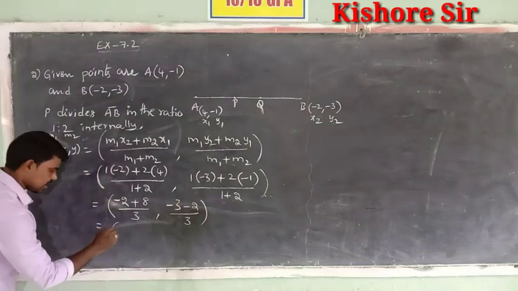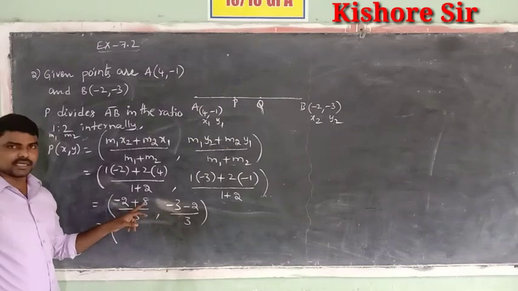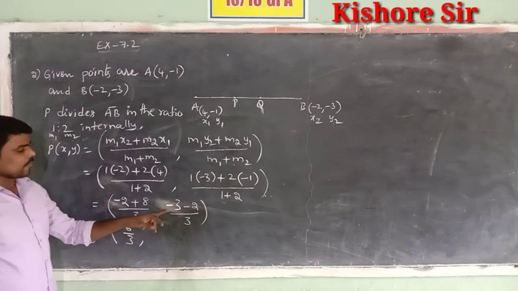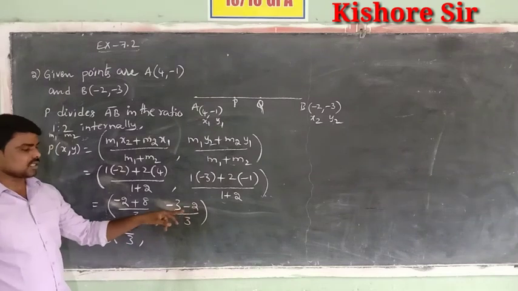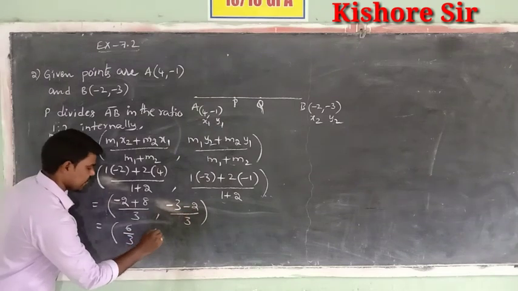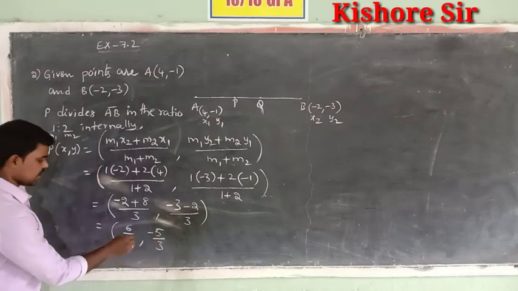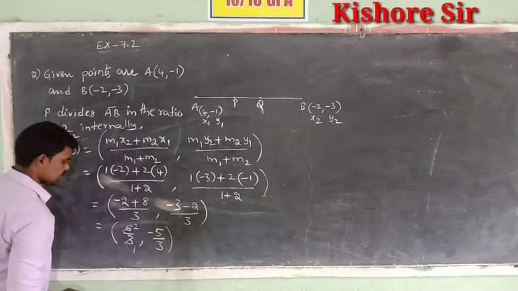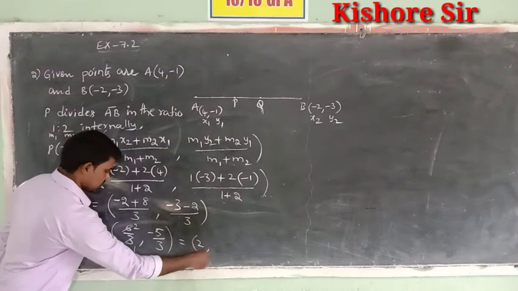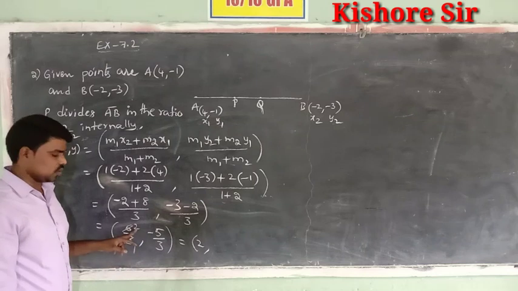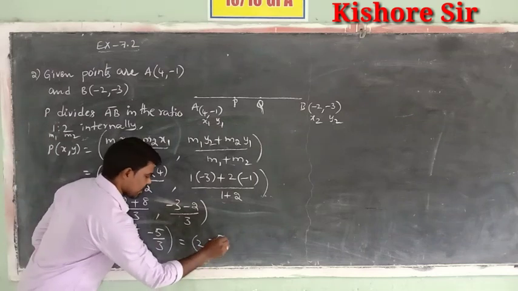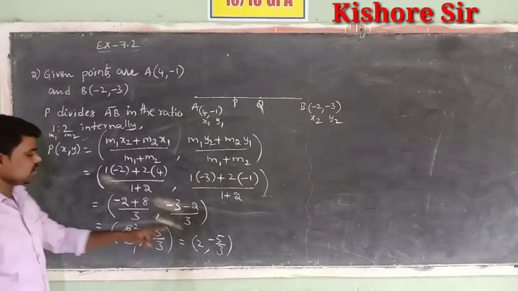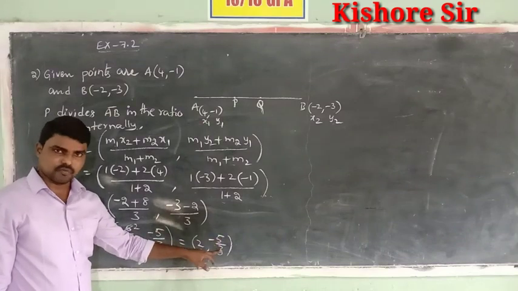So that equals minus 2 plus 8, 6, by 3, comma minus 3 minus 2, minus 5, by 3. 3 ones are 3, 3 twos are 6. So that equals 2 comma minus 5 by 3. So the coordinates of the point P are (2, -5/3).